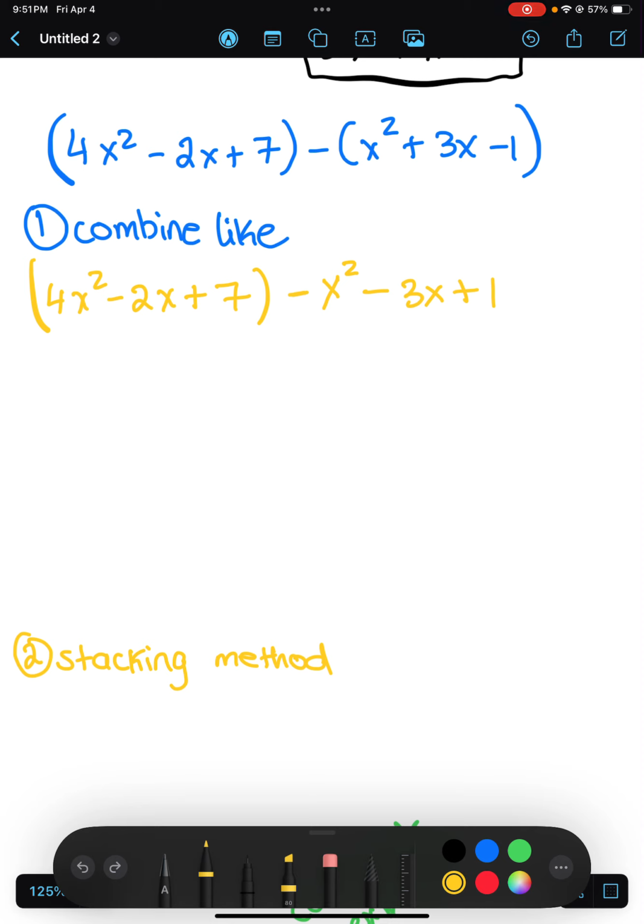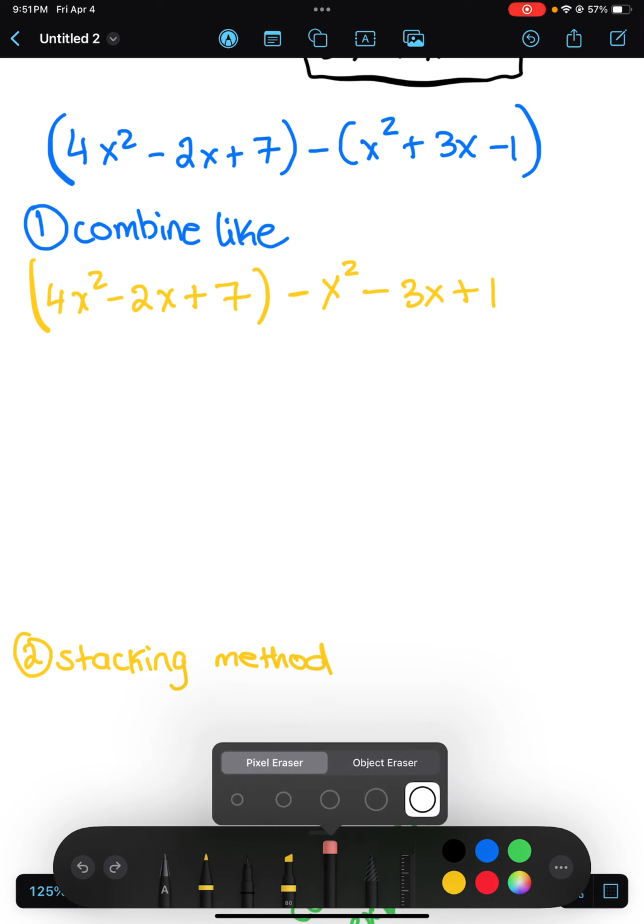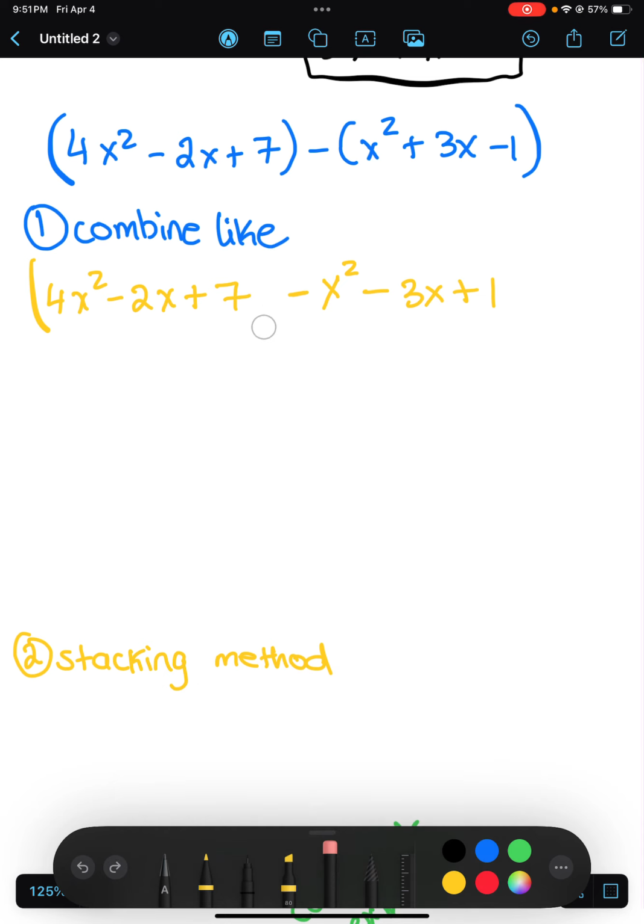And then I just brought this inside, okay? And then I can get rid of these brackets that are around my first polynomial here, okay? And now I can start with just combining my like terms.